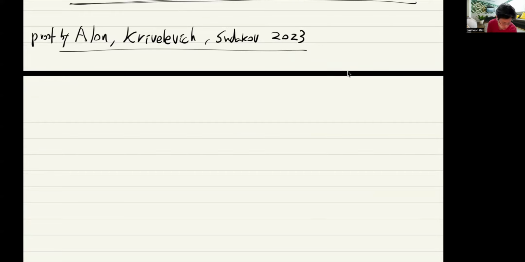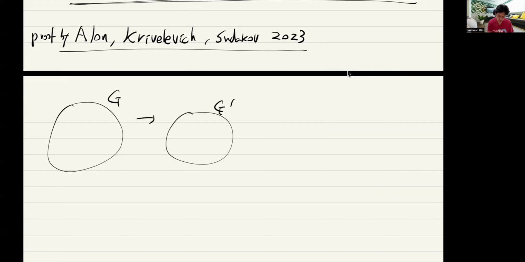Roughly what we want to do is, if you have a graph G, you consider G prime by contracting two vertices into one.